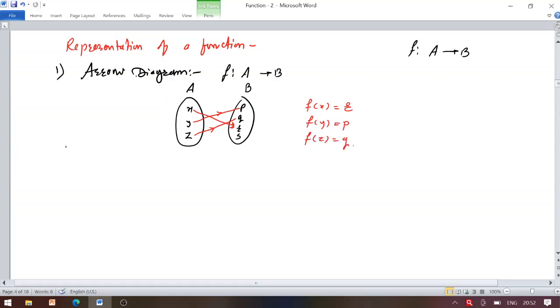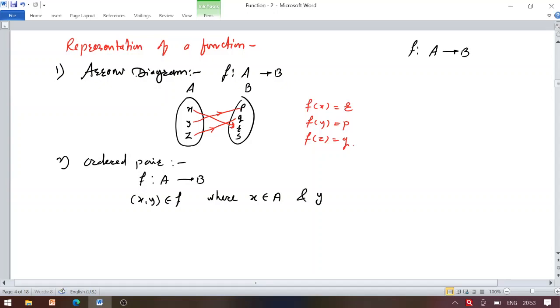Now the second representation of a function is in the form of ordered pairs. If f is a function from A to B, then the elements of the ordered pair (x, y) belong to the function f, where the first component of the ordered pair belongs to the first set A, that means the domain, while the second component must belong to the codomain, or you might say the range.